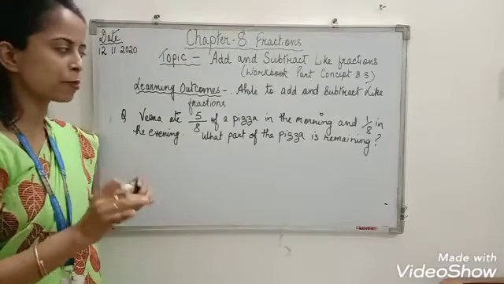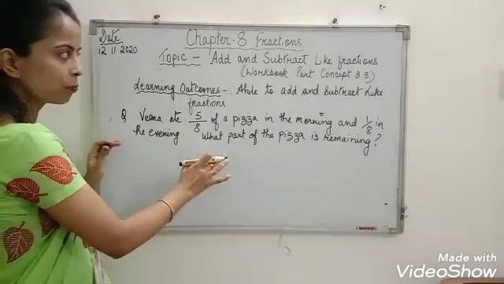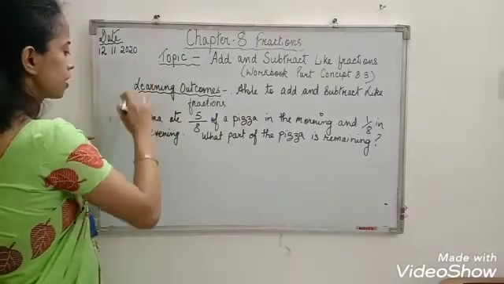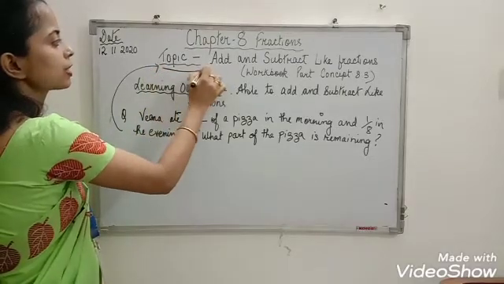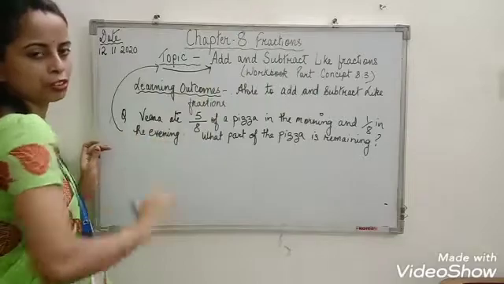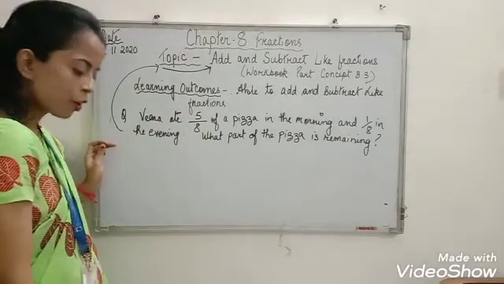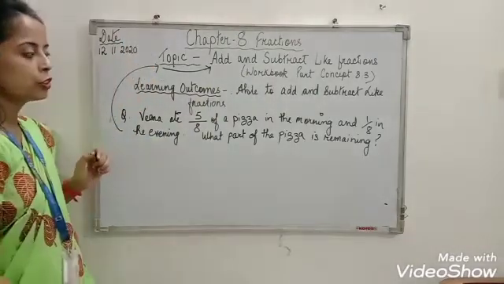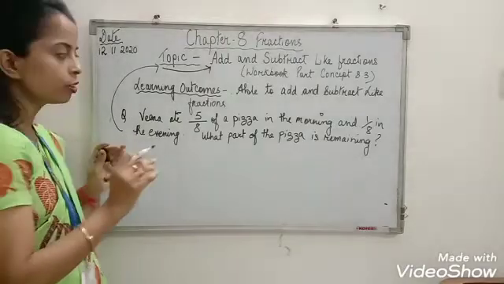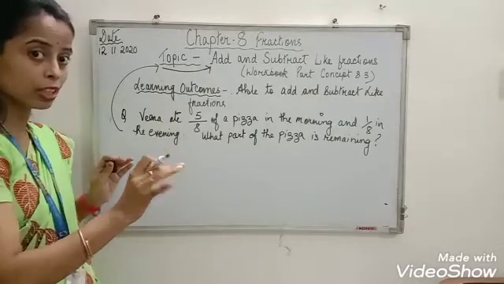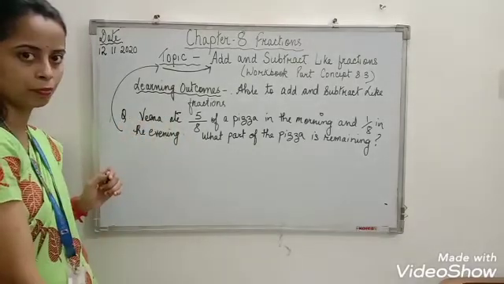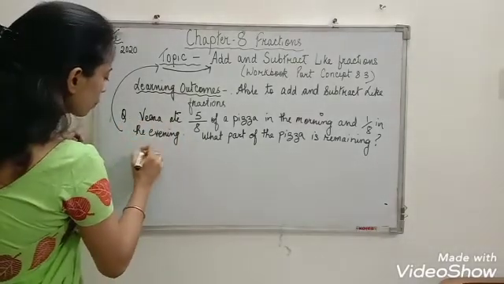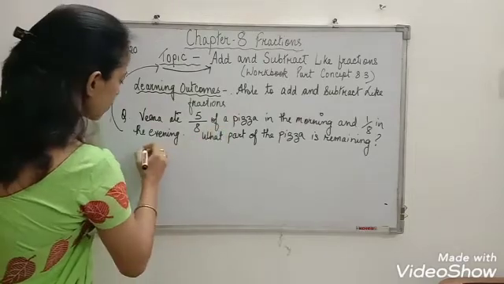Okay. So, in this question, we are going to use which concept? We are going to use today's topic, that is add and subtract like fractions. Okay children? So first what are we going to find out? Total parts of a pizza eaten by Veena.